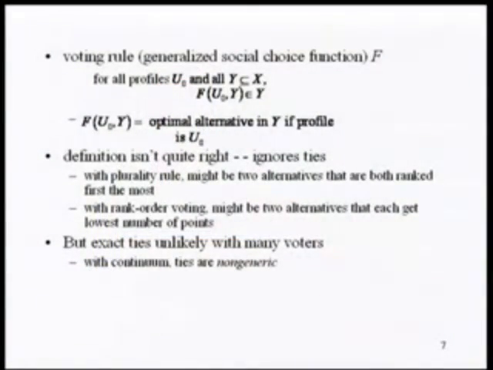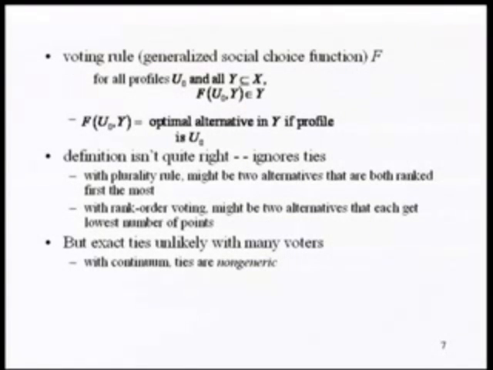The point is that if there are lots of voters, exact ties with plurality rule, with Borda count, and with the other voting rules that I was talking about are extremely unlikely. In fact, with a continuum, they're probability zero. They're non-generic.